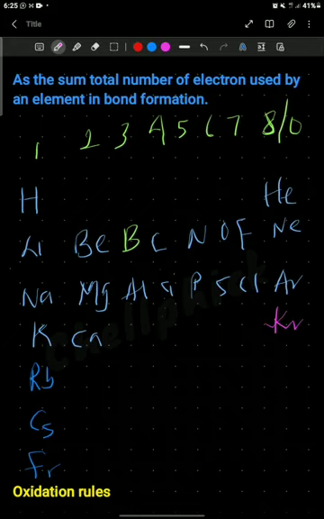At the end of the day, for any of the group 8 elements, don't stress yourself, their oxidation number is totally 0.